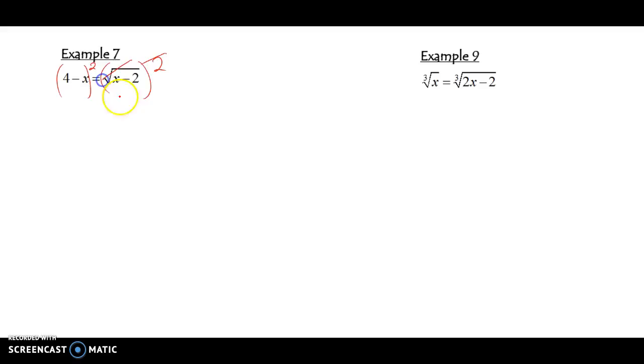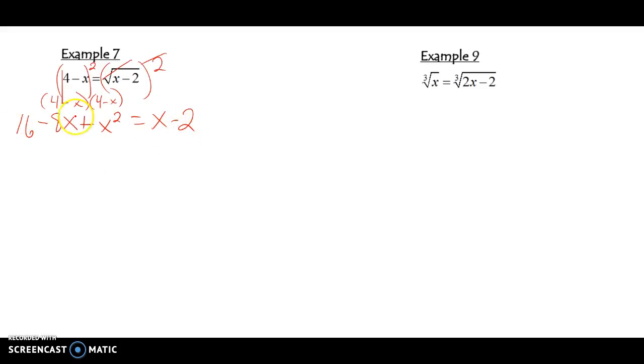So this leaves us with x minus 2 on the right side. Remember, this binomial squared will give us 16 minus 8x plus x squared. In other words, we're doing this multiplication. So now to finish, we need to solve this, which is from our last lesson.